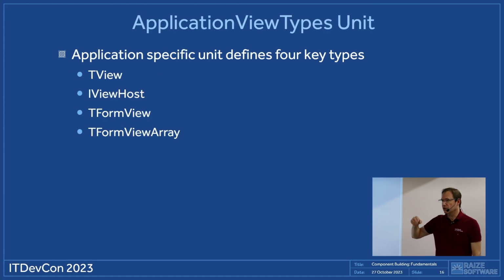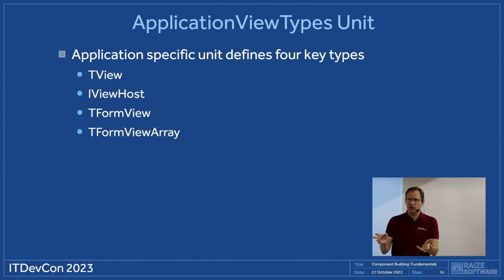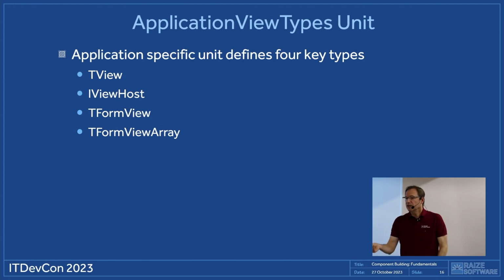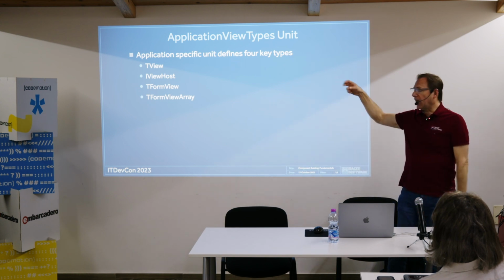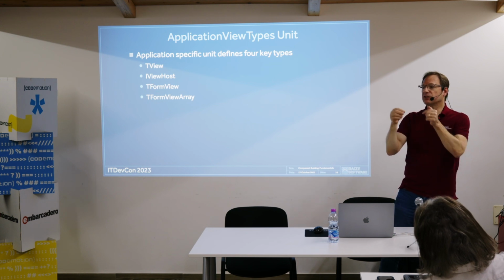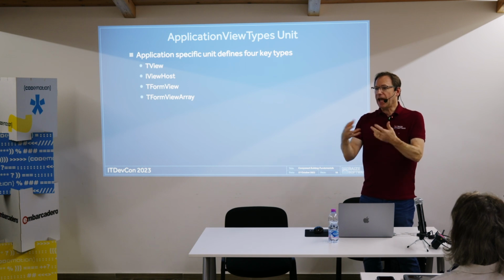So now we move on to the application specific things. So that one unit can go into any projects that you want. Now we start looking at the application specifics, and there's only a few things that you really need to do, which is really quite cool. So the first is we need to define what is TView, that enum, project specific. We're going to show that in just a moment. We need to define our app specific view host, because there's things that the host may want to do that are app specific.